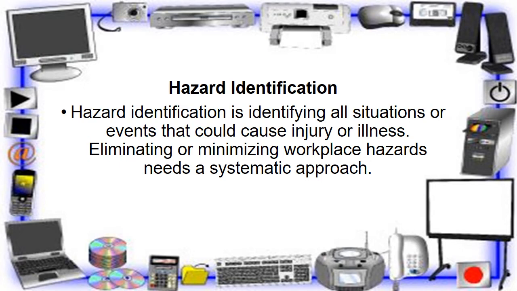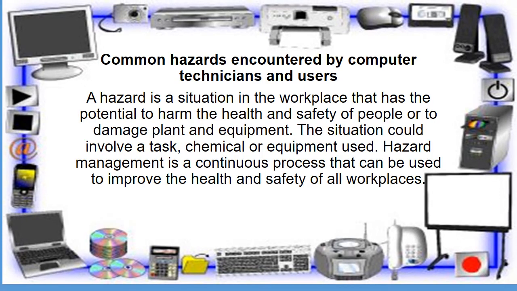Eliminating or minimizing workplace hazards needs a systematic approach, or we need to have procedures in eliminating or minimizing these hazards. So these are common hazards encountered by computer technicians and users.